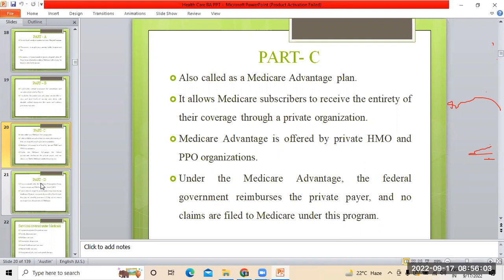So this is the difference when you compare with the earlier Medicare plans, because Medicare Advantage majorly focuses on private insurance organizations, where they have to take care of the coverages, but the reimbursements will be provided by the federal government. This is all about part C.